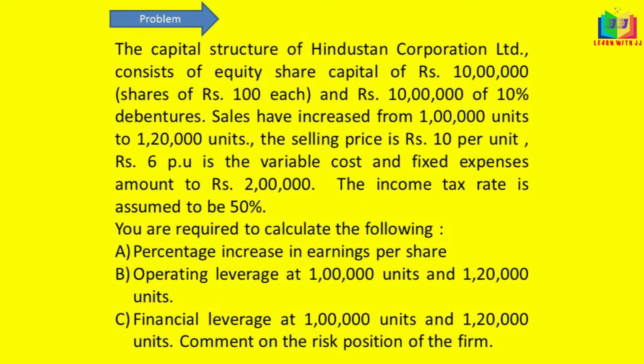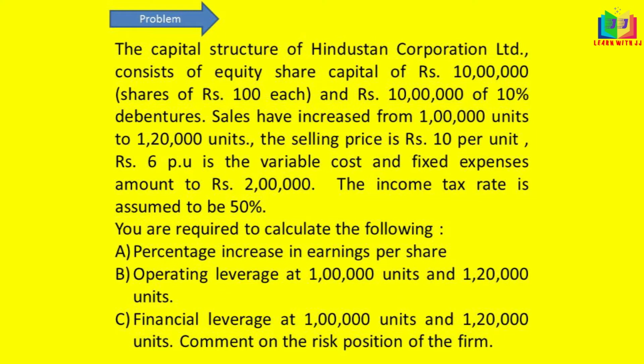You are required to calculate the following. First one is percentage increase in EPS, that is earning per share, operating leverage at 1 lakh units and 1 lakh 20,000 units, financial leverage at 1 lakh units and 1 lakh 20,000 units. Comment on the risk position of the firm.